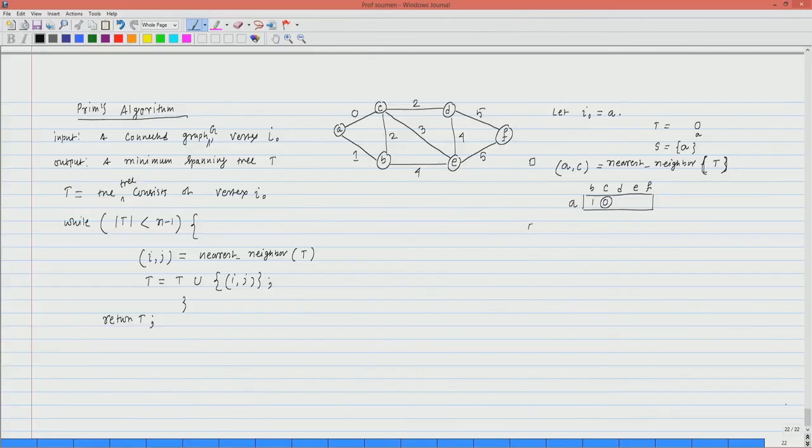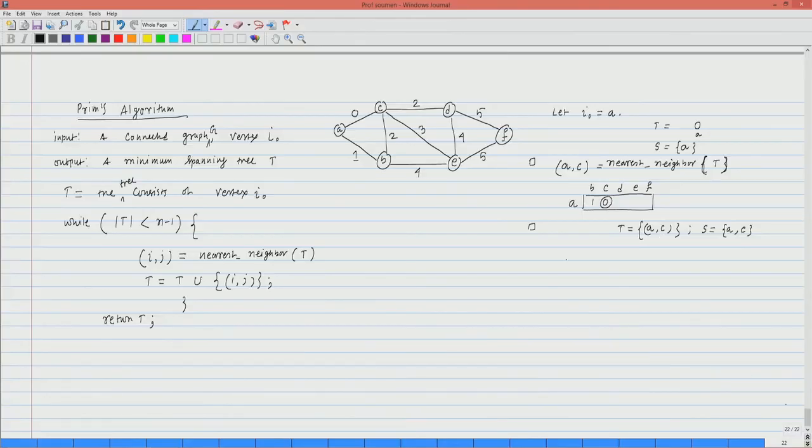at the second iteration your tree now consists of one edge AC. So, your S consists of two vertices A and C, and T consists of one edge, that is AC.